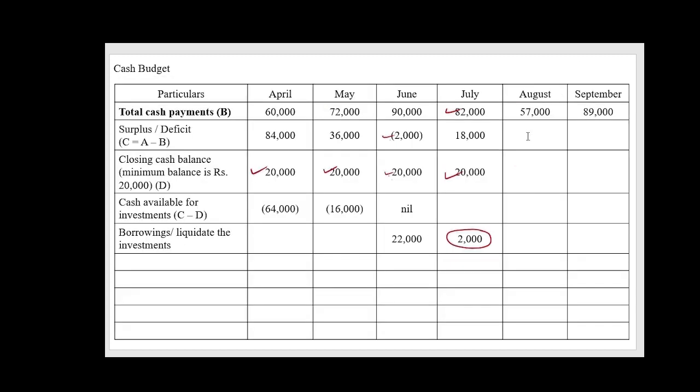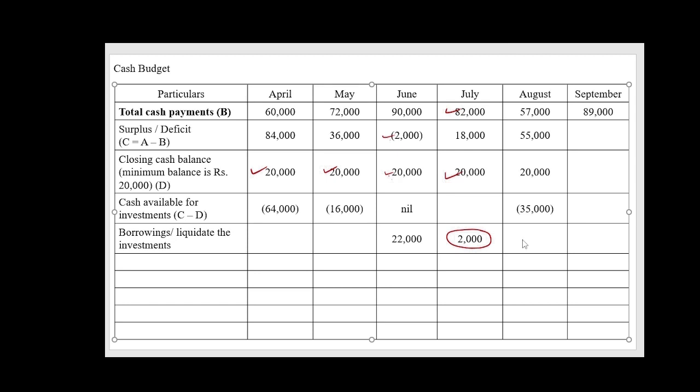So 1,12,000 minus 57,000, the business will have cash to the extent of 55,000. After making the 57,000 payment, the business has a surplus of 55,000, out of which 20,000 has to be maintained as minimum cash balance. So the business has around 35,000 to invest. It can invest rupees 35,000, no need to borrow.